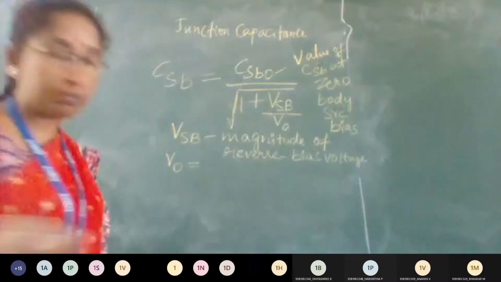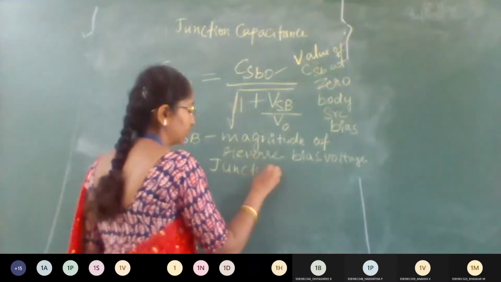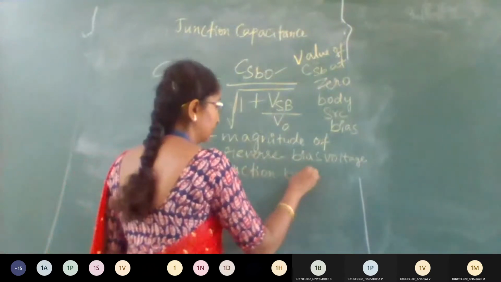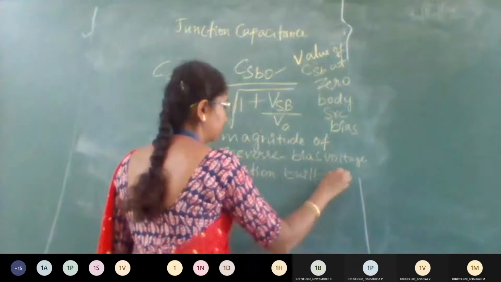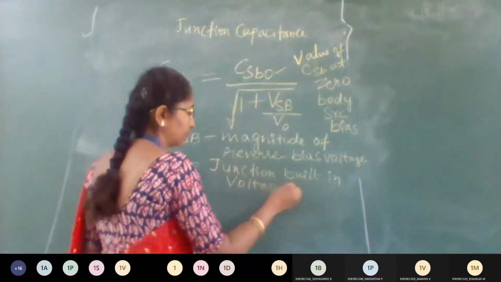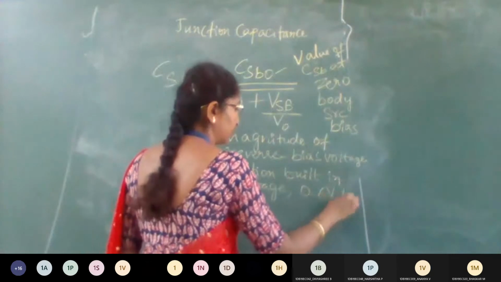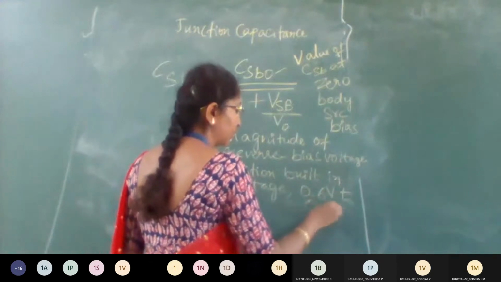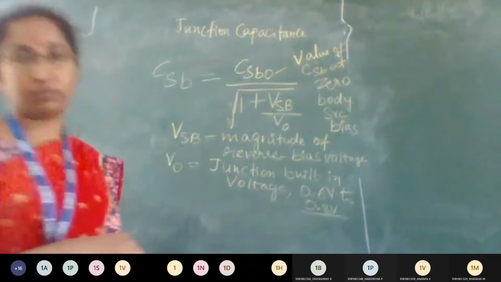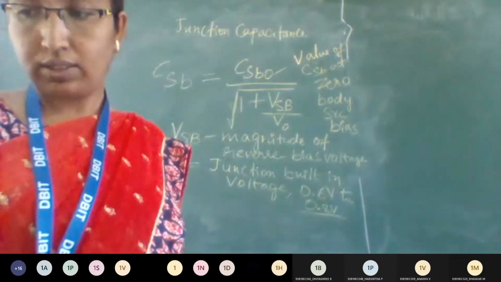V0 will be the junction built-in voltage, which varies from 0.6 to 0.8 volt.